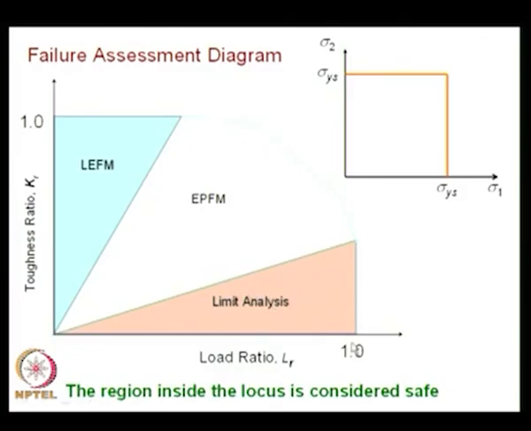And initially people did not worry about strain hardening, because this was based on the yield strip model. It stopped at the yield strength value, whatever the flow stress or the limiting stress in plastic collapse; it stopped at that.